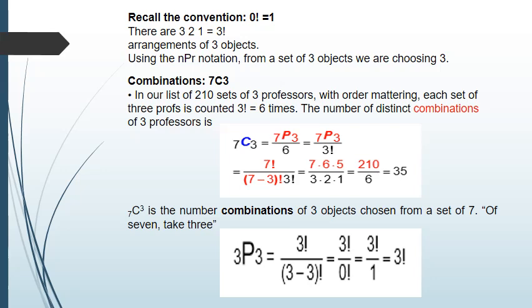Combination 7C3. In our list of 210 sets of 3 bands, with order mattering, each set of 3 bands is counted 3 factorial, which is equal to 6 times.